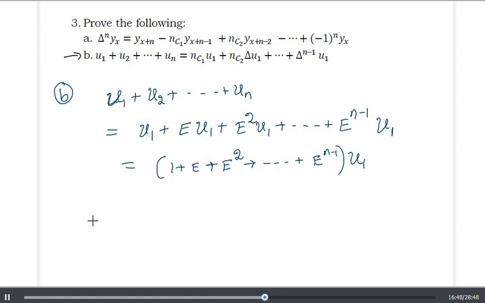Alright. Now we want to introduce the difference operator here.